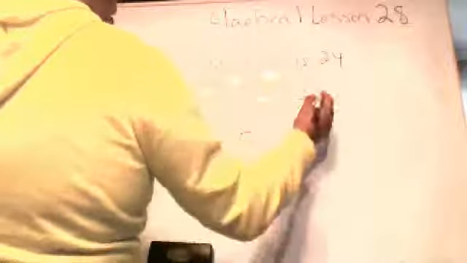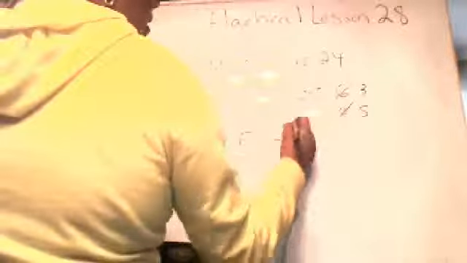F times 40 equals 24. How do I solve for this? I divide both sides by 40, and I get f equals 24/40, and I can reduce. This becomes 6, and this becomes 10, and then this becomes 3, and this becomes 5. So my fraction is 3/5.